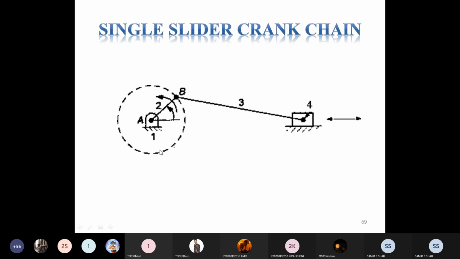With the help of rotary motion, we are converting to reciprocating motion in the single slider crank chain.